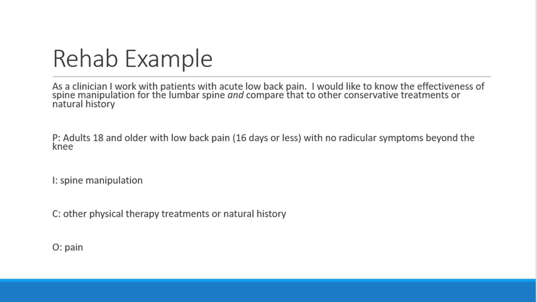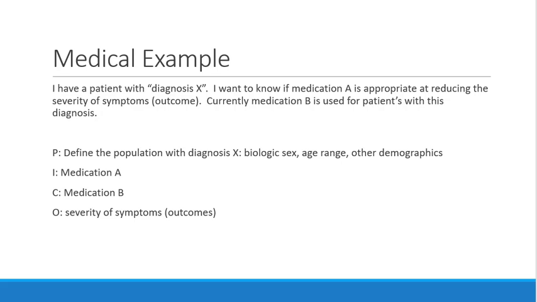Or maybe the studies were done specifically like that, where they were just told to try to be as active as possible. Other physical therapy treatments could be like therapeutic exercise, massage, hot and cold. And then the outcome being pain, probably a visual analog scale 0 to 10.